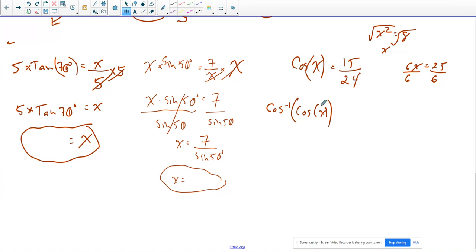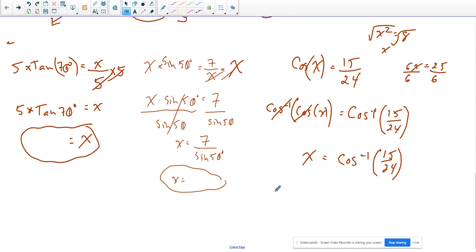But if I cos inverse on this side, I also have to cos inverse on this side over here. So we'll do that, and we're going to have then the cos inverse of 15 over 24. Well, these two are opposite operations to each other, so they just undo what they each do. So I'm left with x equals, and then I'm going to have to type in the cos inverse of 15 over 24. Okay, so those are the 3 cases.